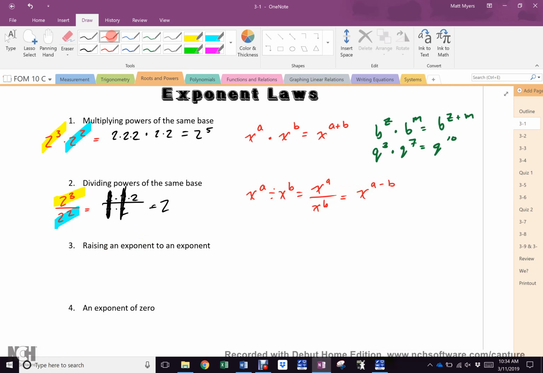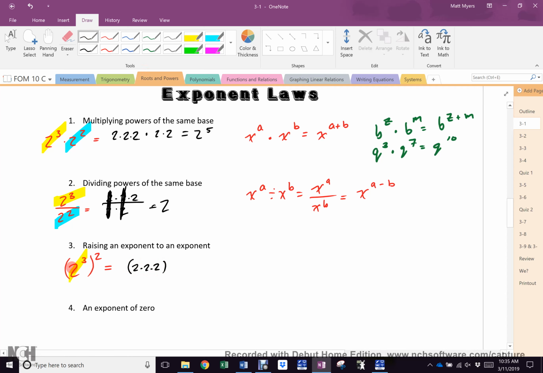Raising an exponent to an exponent. 2 cubed squared. What's the answer? 2 to the 6th. I know that you all already know I always multiply. Great. Why? What is that really? 2 times 2 times 2.